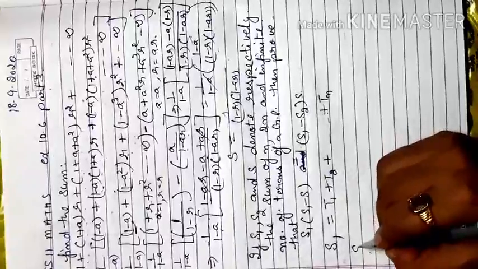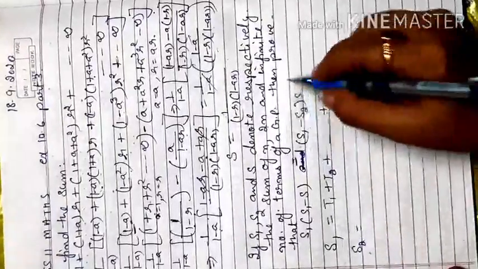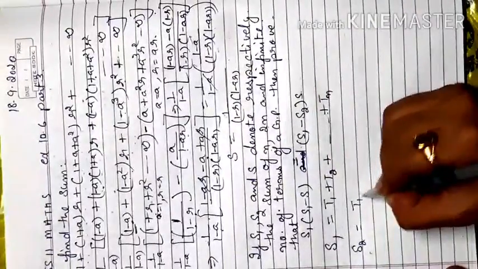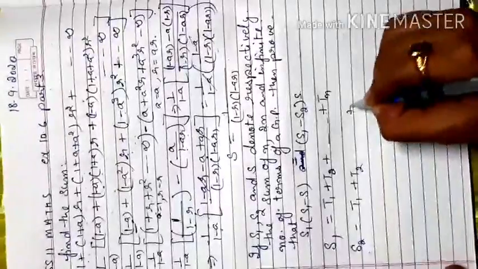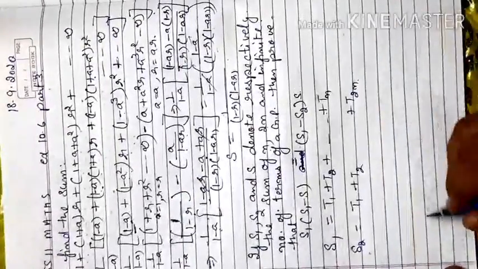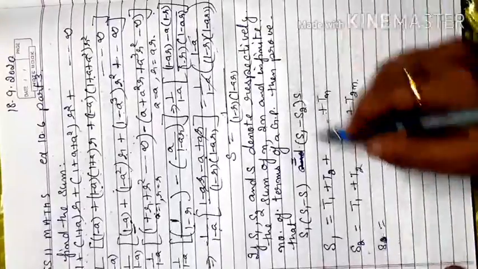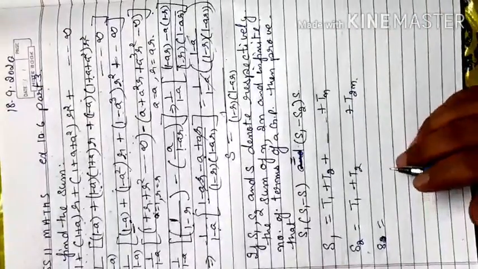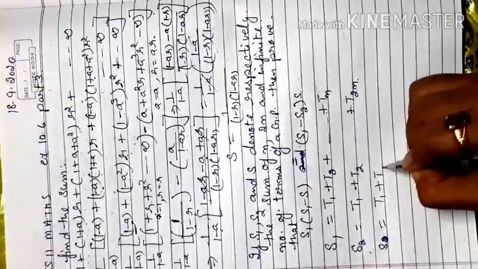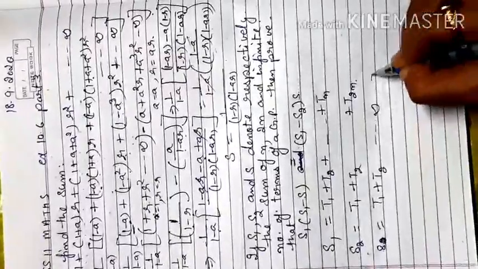And S2 represents the sum of 2n terms starting from 1, so that will be 2n terms. And S represents an infinite number of terms, that is starting term 1, term 2 up to infinity.